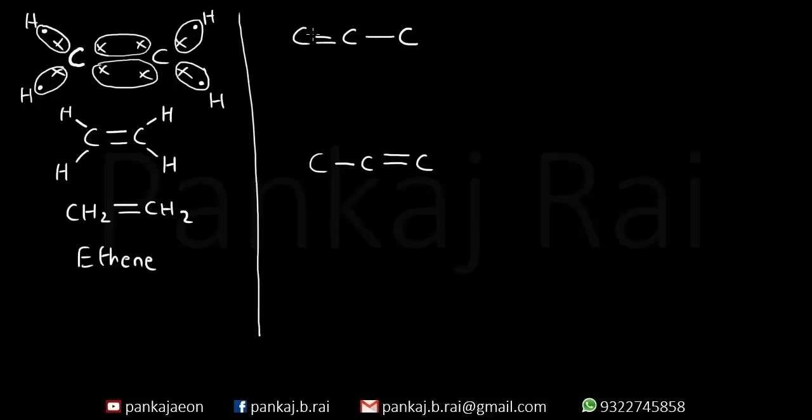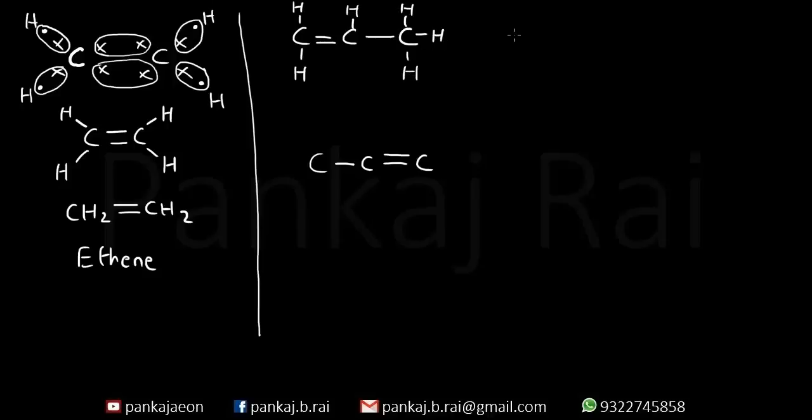Now this carbon atom has 2 bond forms already, so it will be forming 2 more bonds with 2 hydrogen atoms. Let's say a hydrogen and a hydrogen. This one has 3 bonds, 1, 2, 3, so it will be forming only one more bond. This carbon atom has formed only one bond, so it can form 3 more bonds with 3 hydrogens.